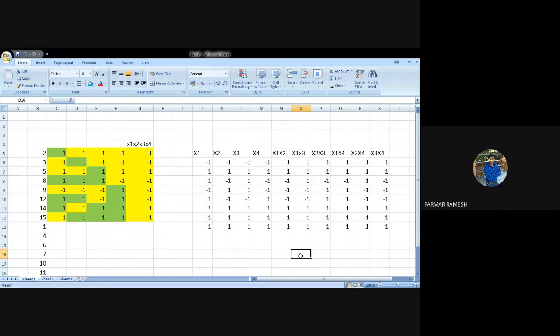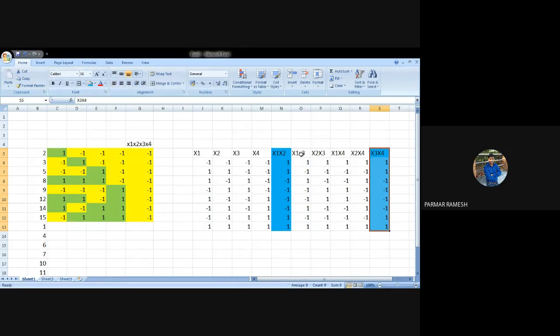Okay, now if you look at these lines, you will find that the line of x1x2 is exactly similar to that of x3x4. Okay, getting it?